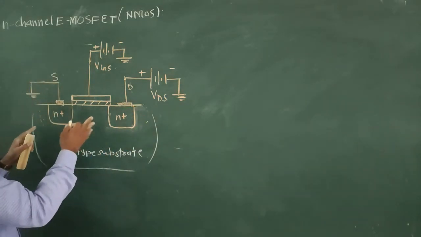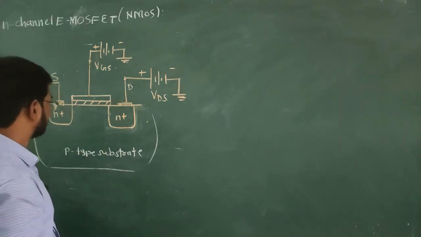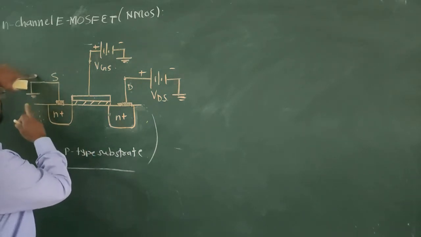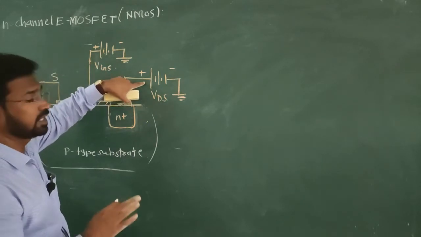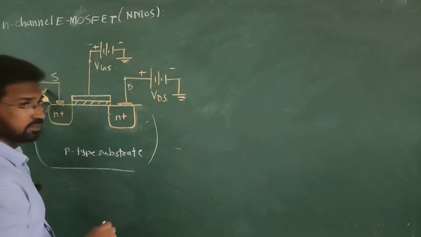We have to apply the proper voltages to make the movement of the electrons and holes in the semiconductor device. Source is grounded, gate is provided with positive voltage and drain is provided with positive voltage, and all the voltages are with respect to source.